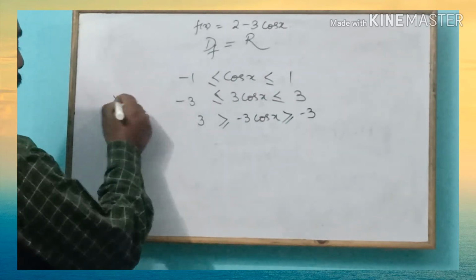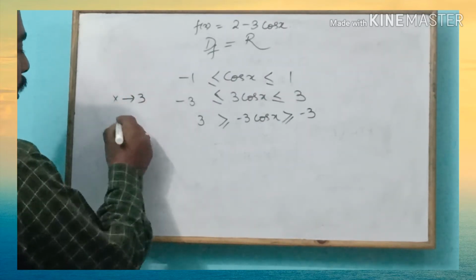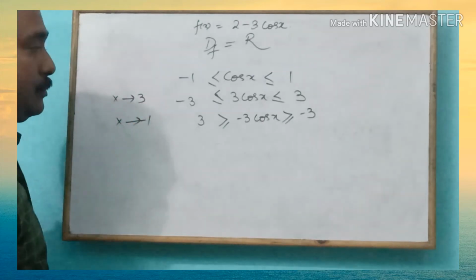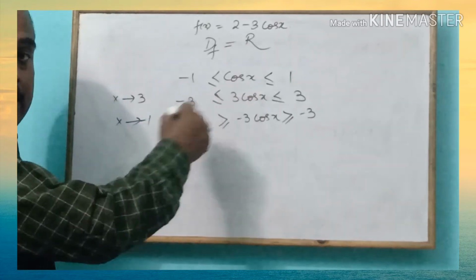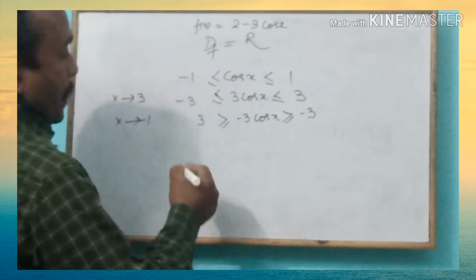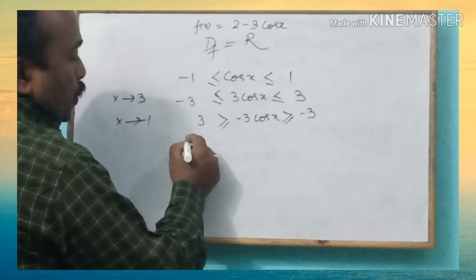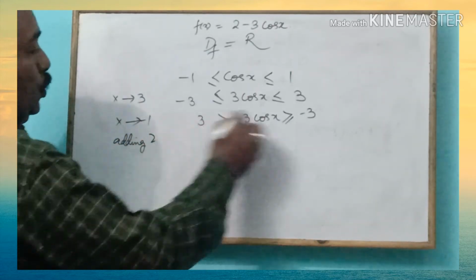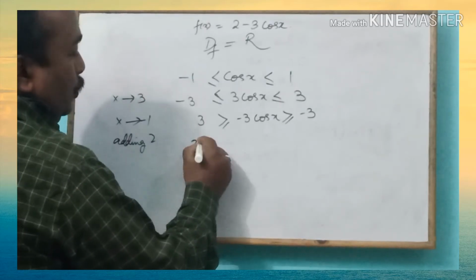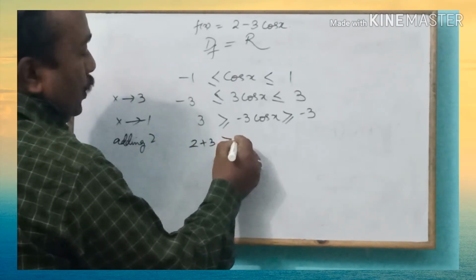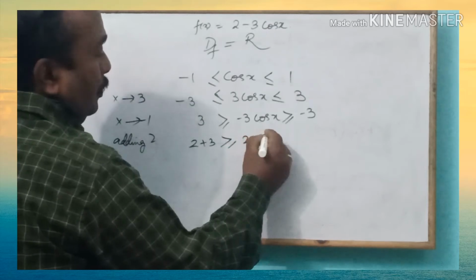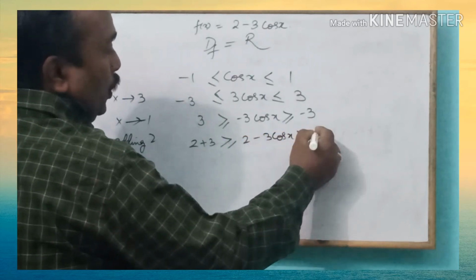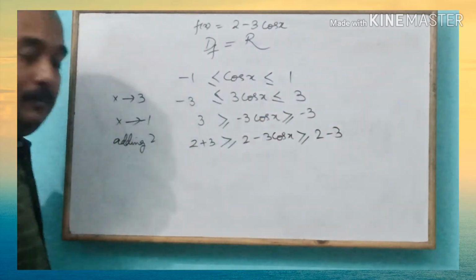First I multiplied with 3, then I multiplied with minus 1. Then the inequality changes. Now we add 2 on both sides. Adding 2, we get 2 plus 3 greater than or equal to 2 minus 3 cos x greater than or equal to 2 minus 3.